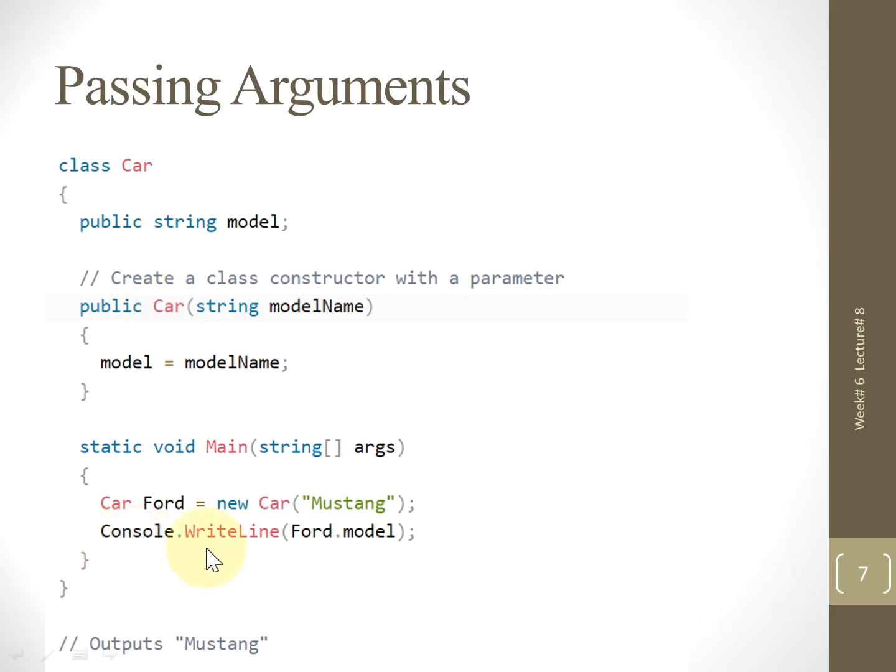In the second line, we have just printed the data member model, so Ford.model. Model is already initialized when the constructor function is called automatically, so the value will be printed as Mustang.